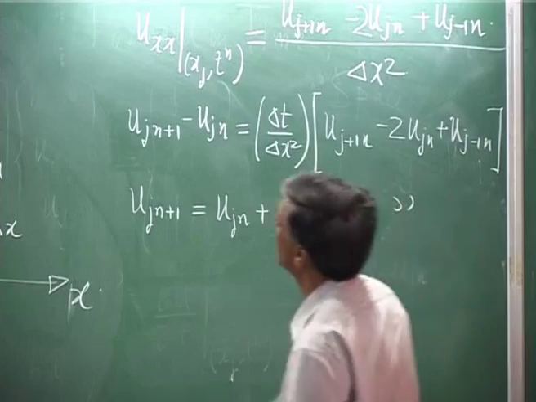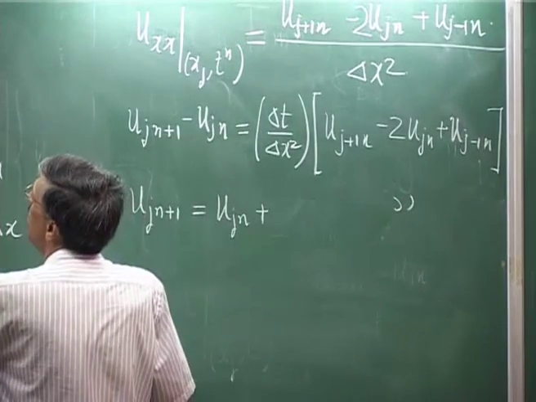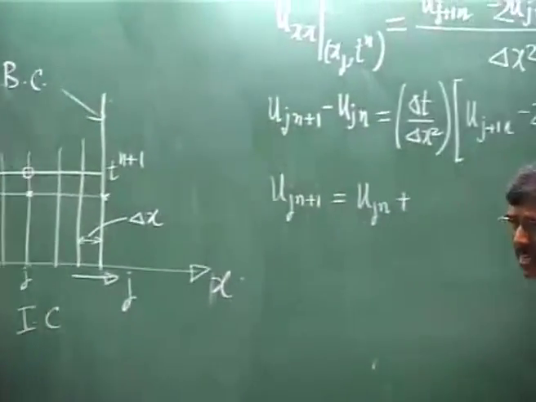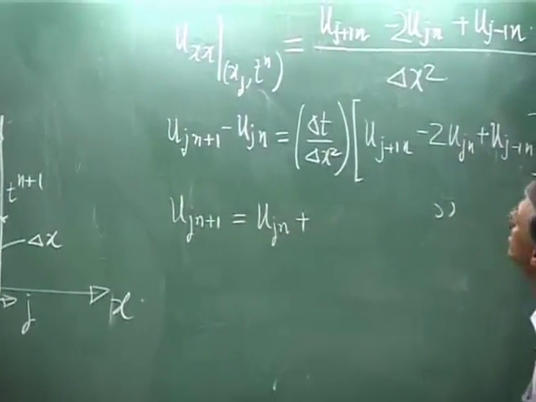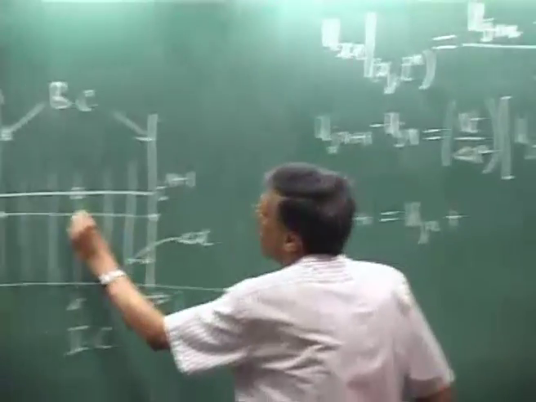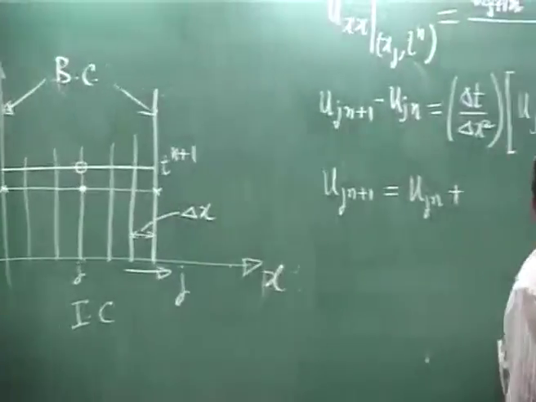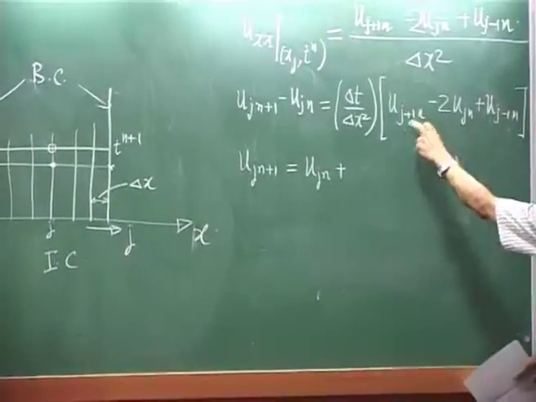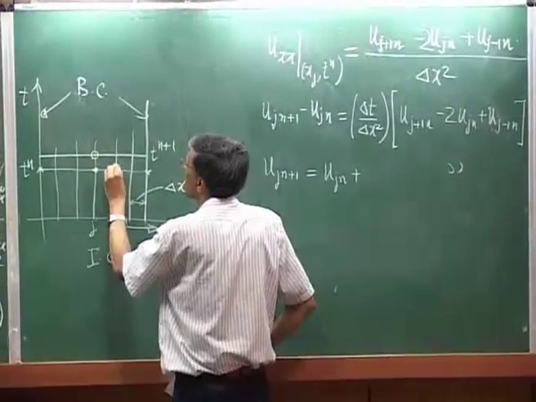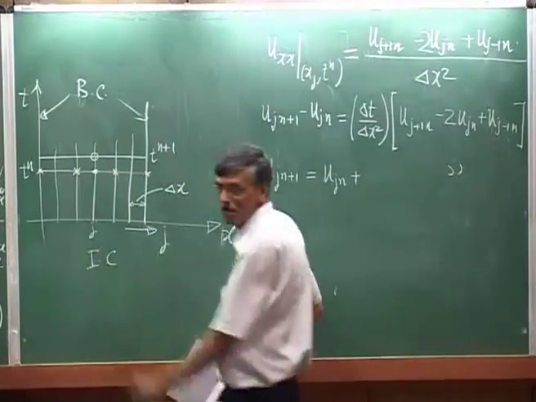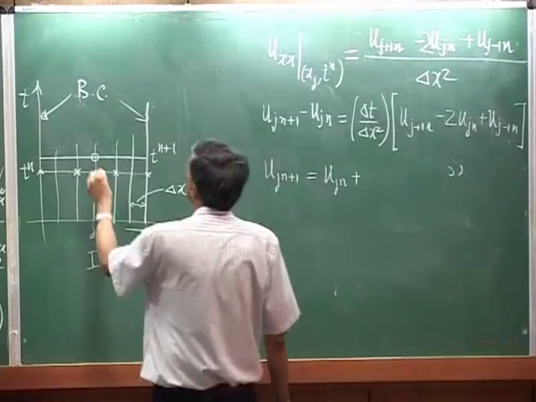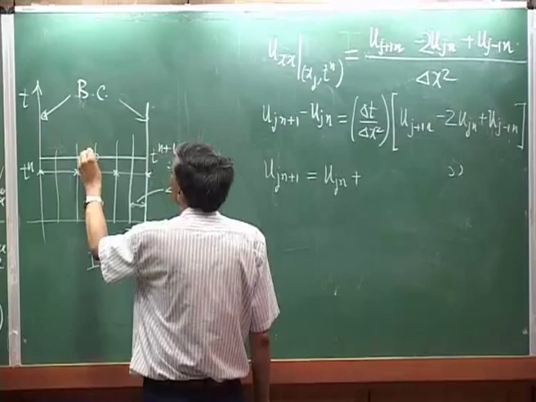So, basically we are saying that the unknown quantity at this location, that is what your left hand side is, depends on the function values at the previous time step at this point that we have already identified, and also it depends on the two neighboring points of the previous time step, right. So, in computing, this is what is called a finite difference method.